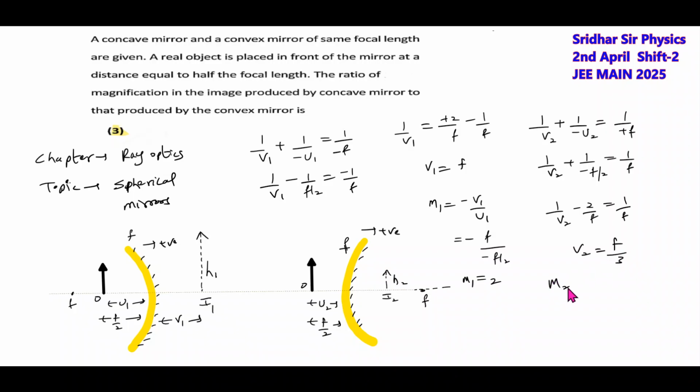Then magnification m2 equals minus of v2 by u2. v2 will be minus f by 3, u2 will be minus f by 2, so 2 by 3. It's asking the ratio of magnification, m1 by m2, which is 2 by 2 by 3.